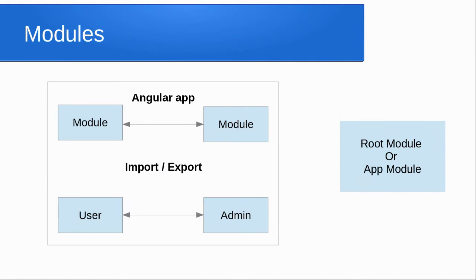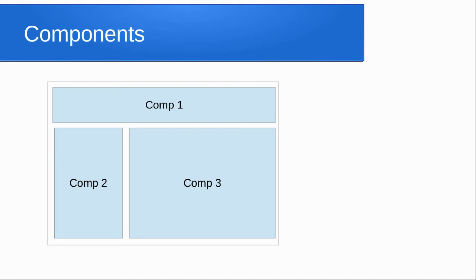Now each module has its components. Components contain a portion of the view of the browser. For example, we can have a component for the top bar, one for the sidebar, one for the body. So all these components make an application.